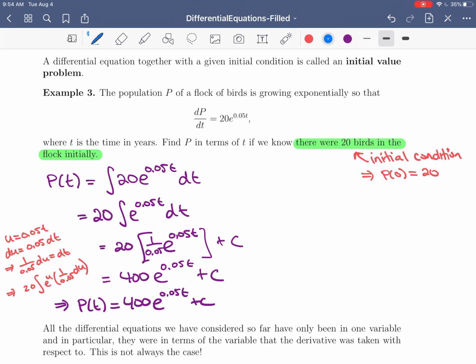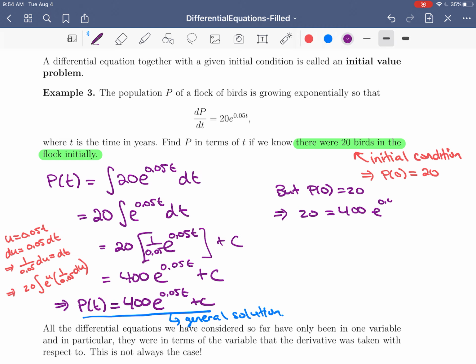Now this part here we would call the general solution, because it has the plus c still. But we can find the particular solution because we know that P of 0 is equal to 20. So that means that 20 is equal to 400 e to the 0.05 times 0, plus c. So 20 is equal to 400 times e to the 0. e to the 0 is 1.